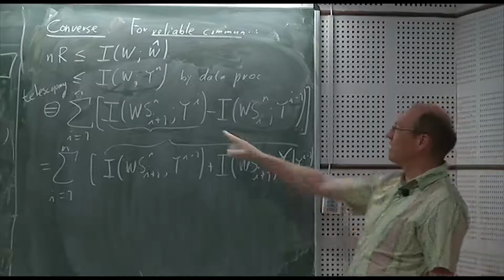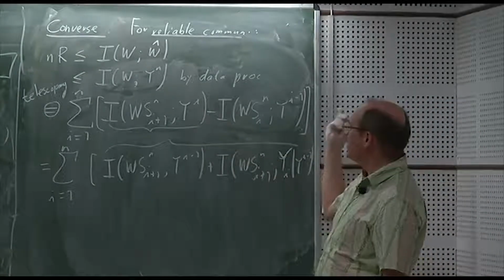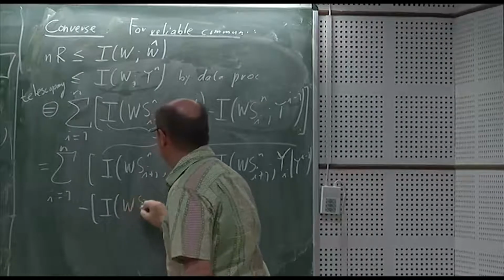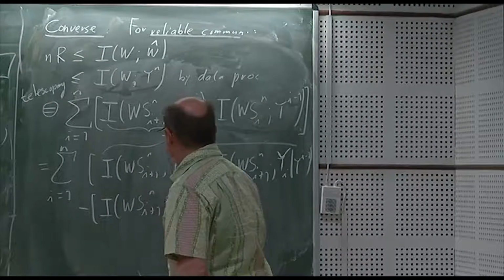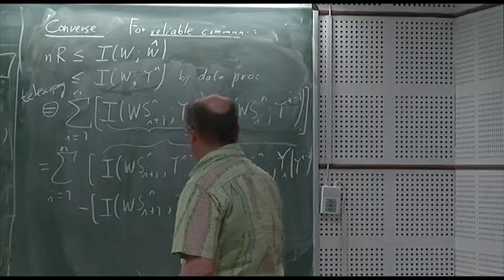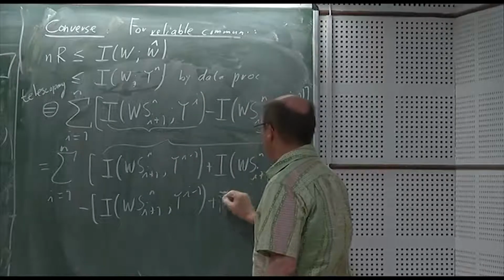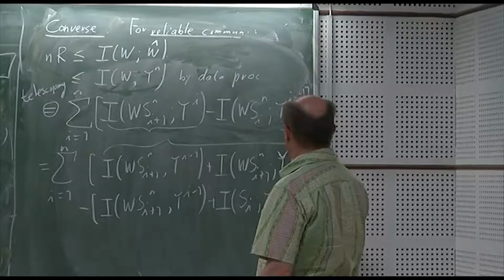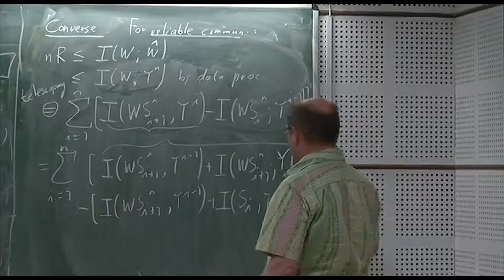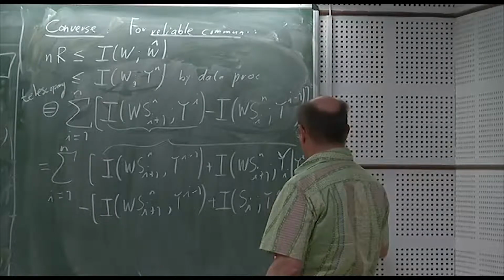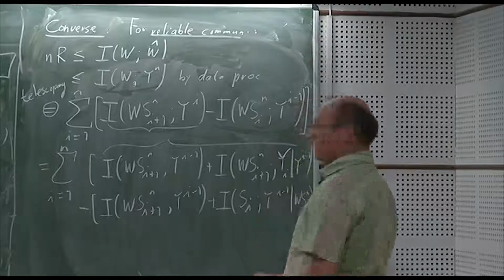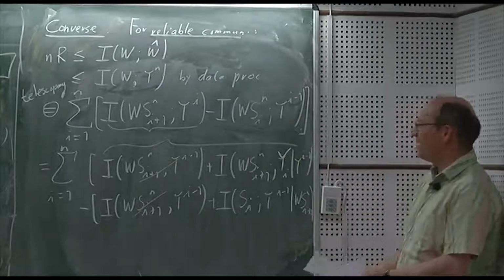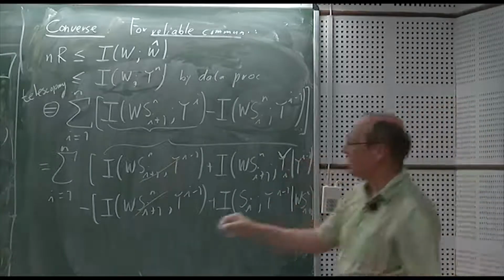I took one piece out here, and I'll do the same thing here: minus I(W, S_{i+1}^n; Y_{i-1}). So these two terms will cancel. Plus I(S_i; Y_{i-1} given W, S_{i+1}^n). It's just the same thing. So cancel, cancel.